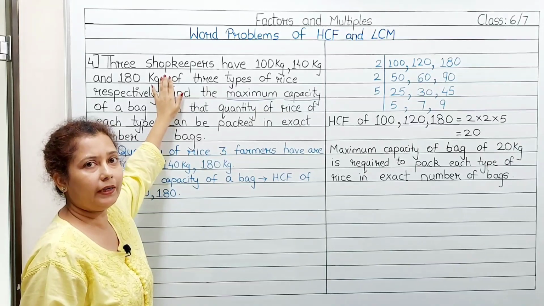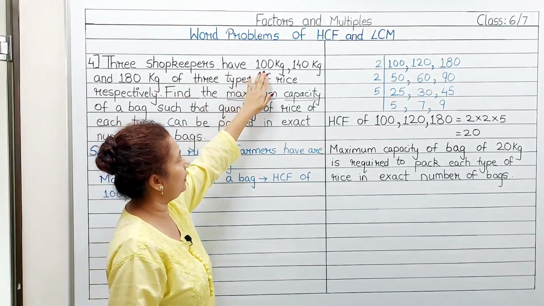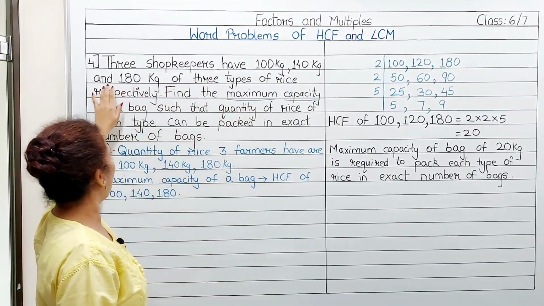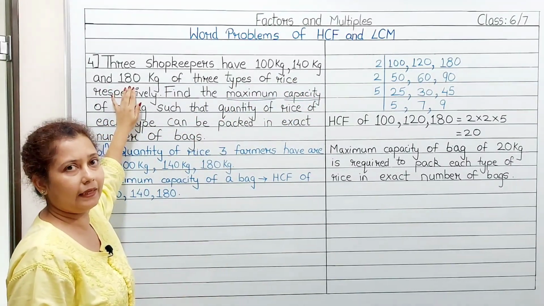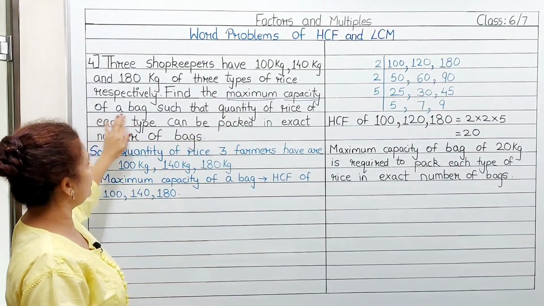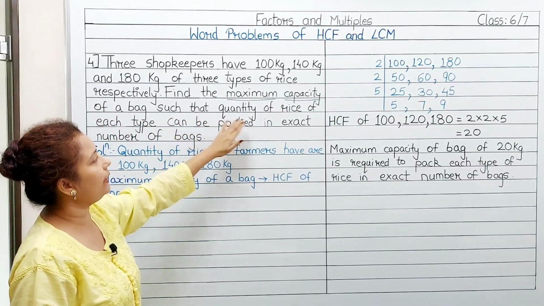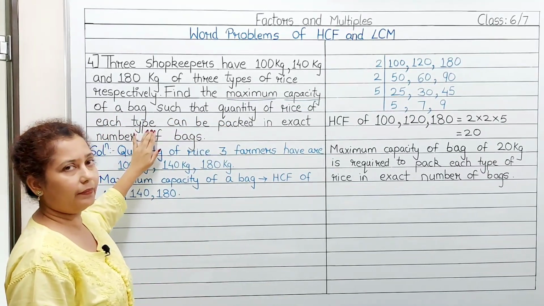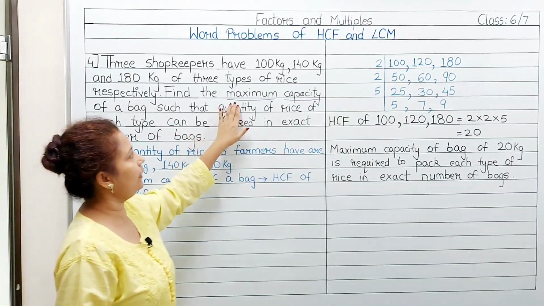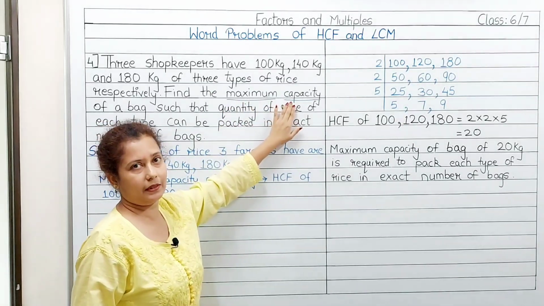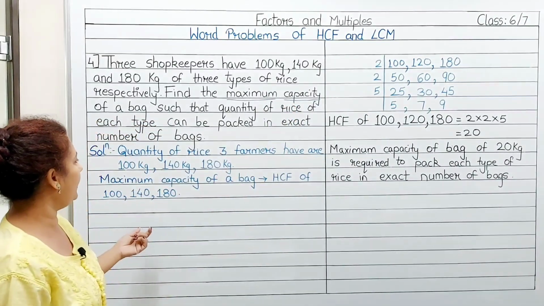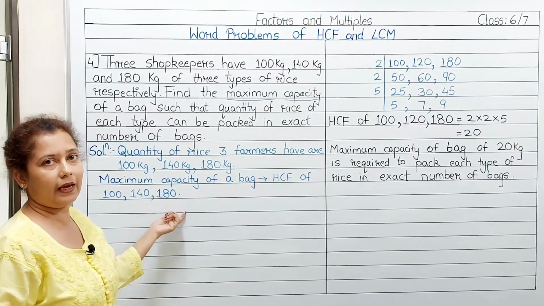In this sum, the first shopkeeper has 100 kg, the second has 140 kg, and the third has 180 kg. Here again the keyword is maximum capacity. So maximum capacity means we have to find the HCF of three numbers, that is 100, 140 and 180.